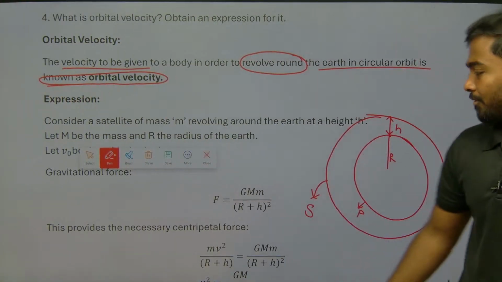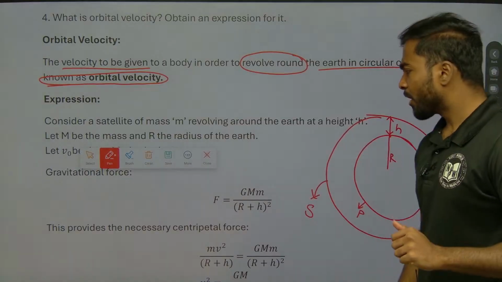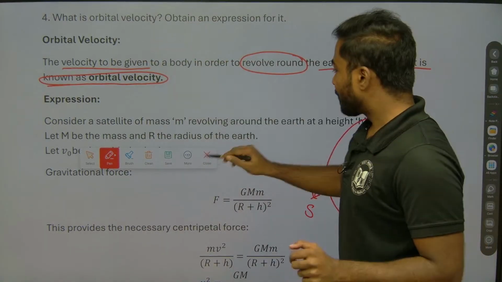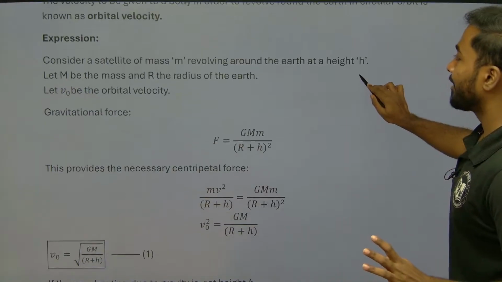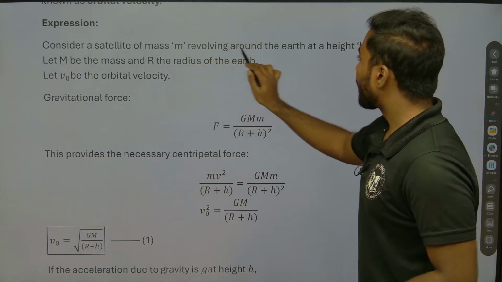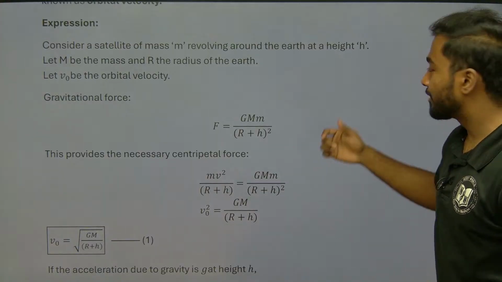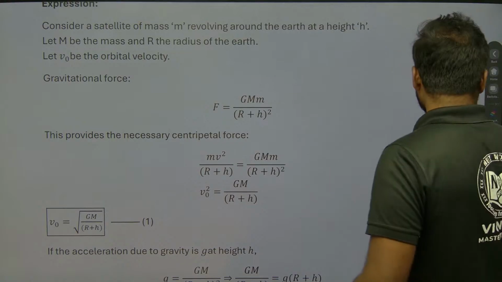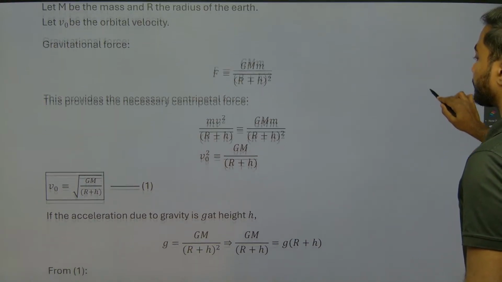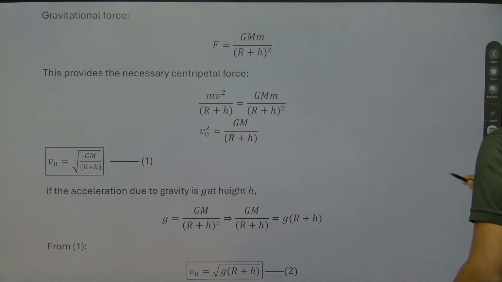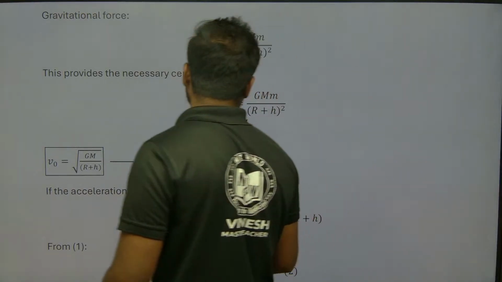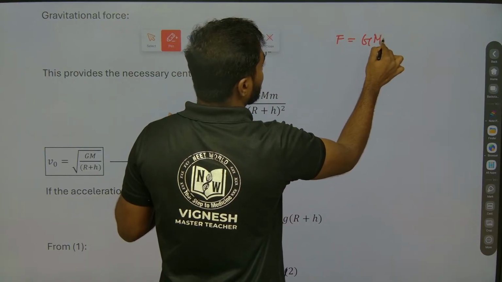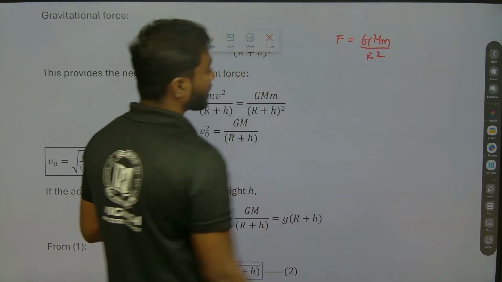Now the thing we need to find is what is the velocity, right? That one we need to derive now. So consider a satellite of mass m revolving around the earth at height h. That's the thing we have drawn here. Now if we talk about the force, we know that gravitational force is F equals G M m by r square, right?